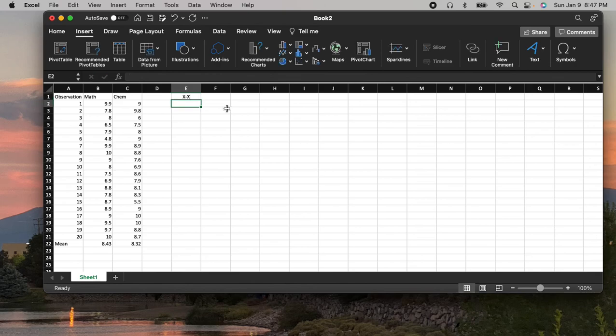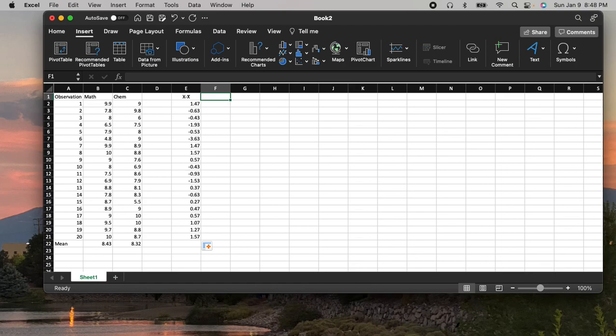Okay, so my x minus x bar is going to equal 9.9 minus my mean, which is this one here. That is my x bar. I'm going to put the dollar sign, so I'm telling Excel that the data in cell B22 is going to stay there. So I got that, and I just pull it down, and that is my x minus x bar.